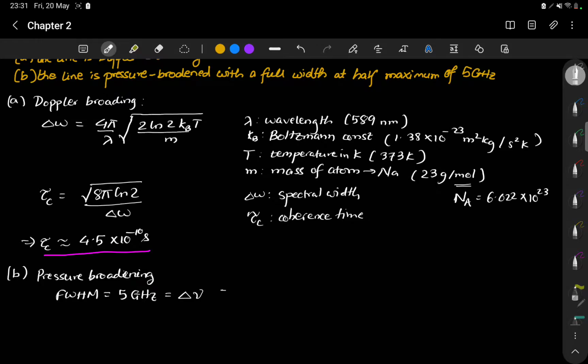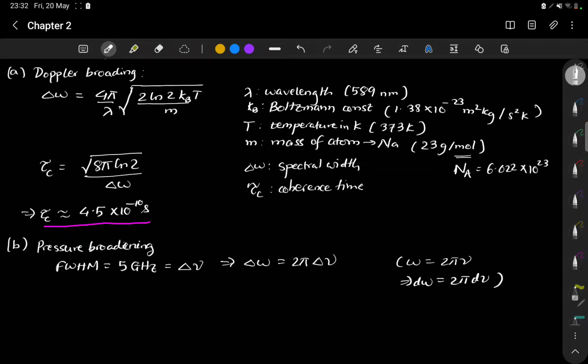So if this is the frequency width, then the spectral bandwidth would just be 2 pi times delta nu. This is because omega is 2 pi times nu, so d omega is 2 pi times d nu. So delta omega is 2 pi times delta nu.